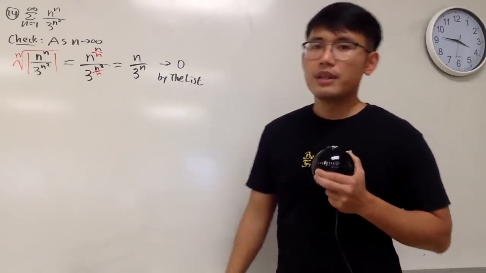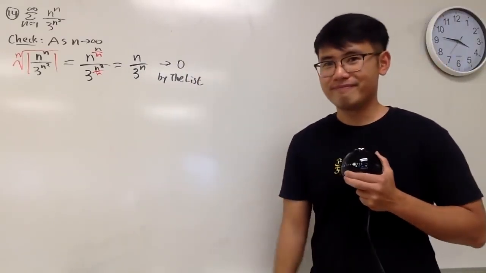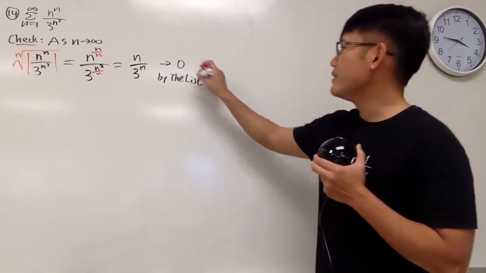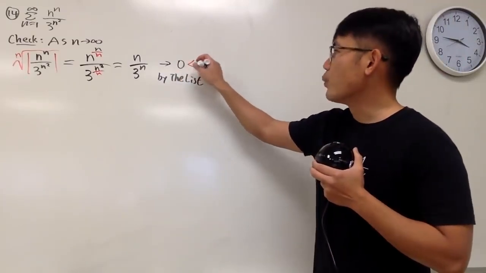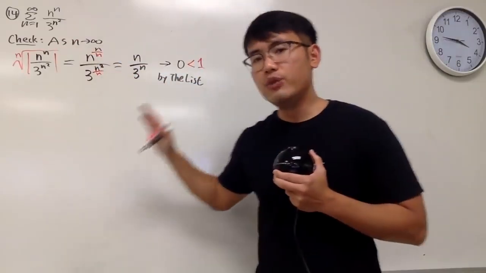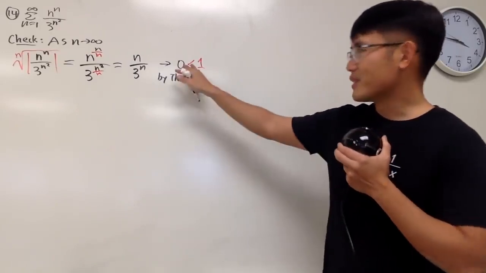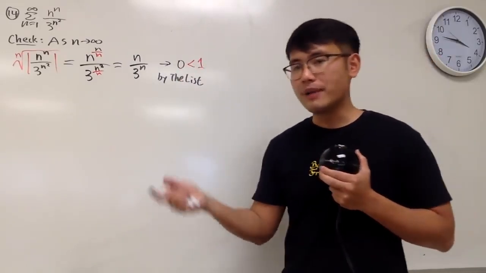And remember, here we are using the root test. So can the 0 help us? Yes. And you have to compare the 0 with 1. In this case, if you do the root test and you end up with 1, unfortunately, we have to do more work. But thankfully, this right here is 0, which is less than 1.